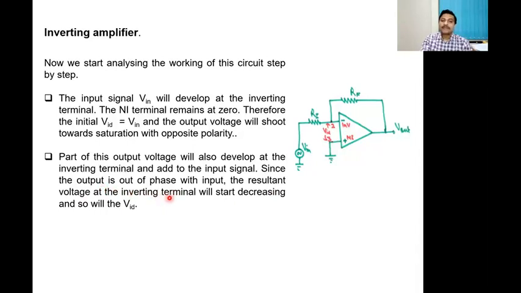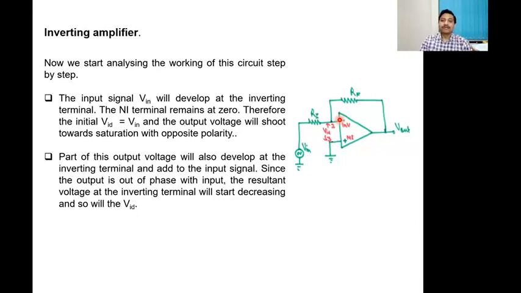The voltage at the inverting terminal will start decreasing, and so will VID. If pin number 2 voltage decreases because it's V in minus some fraction of V out, then VID will also start decreasing, and subsequently, since the output is simply AOL times VID, V out will also decrease after some amount of time.